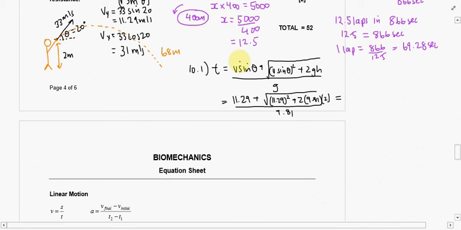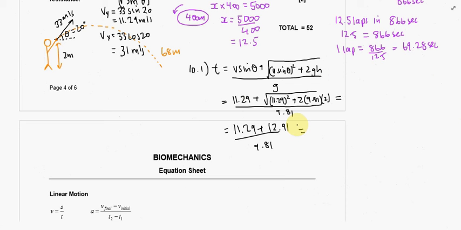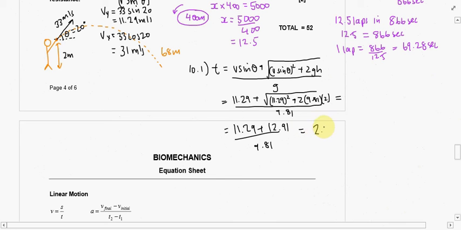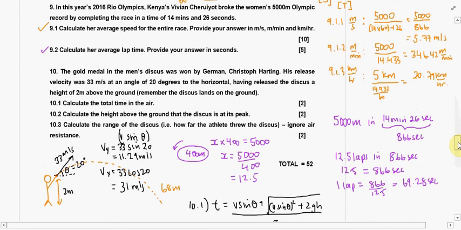So if I chuck that in here, this would be 11.29 plus 12.91, and all of that divided by 9.81 gives me 2.47 seconds. That's the total flight time of the projectile in the air.